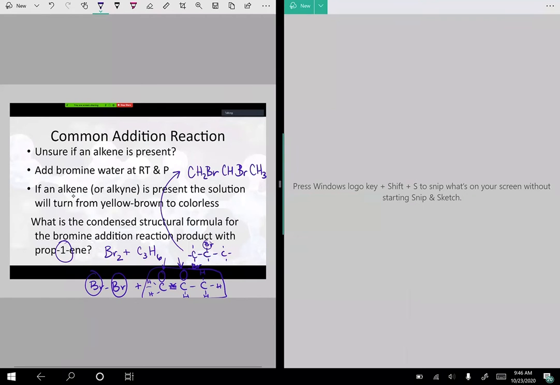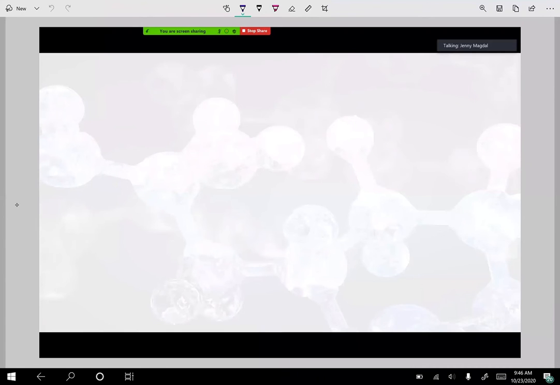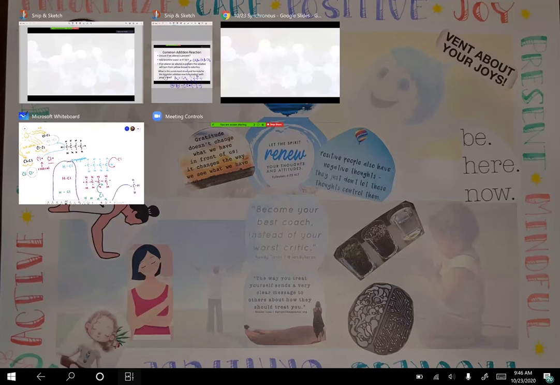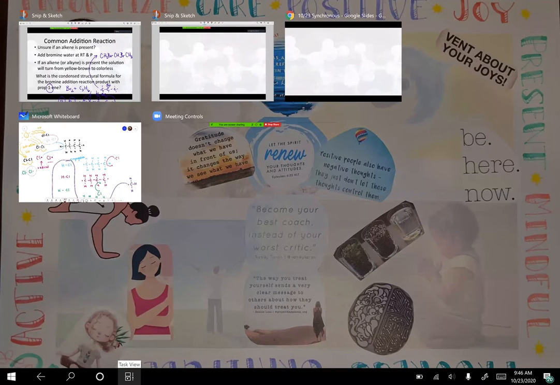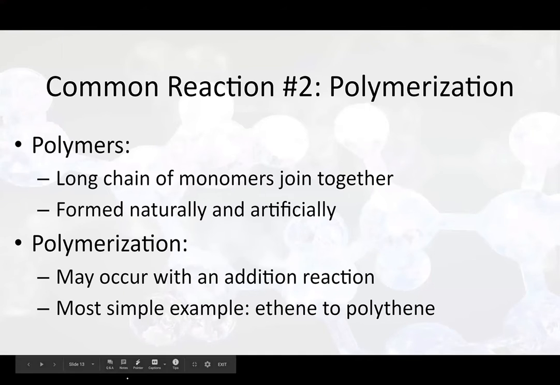Wait, Miss Magdal, can you go back for a second? Oh, yep. Sorry about that. Oops, wrong one. Here we go. And back. Sorry about that. So we're going to make ethene become polyethene, or polyethene is another way that we name it.